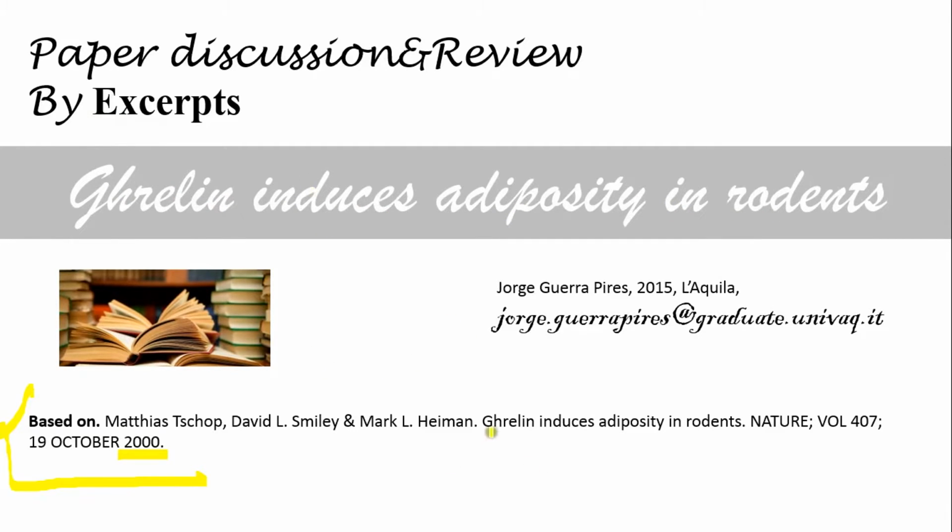You can see here from the reference, and you have three keywords in the paper: Ghrelin, adiposity, and rodents. Ghrelin is the hormone that we are going to consider here, the core. Adiposity is the reservoir that Ghrelin was proven to have some influence on in rodents.